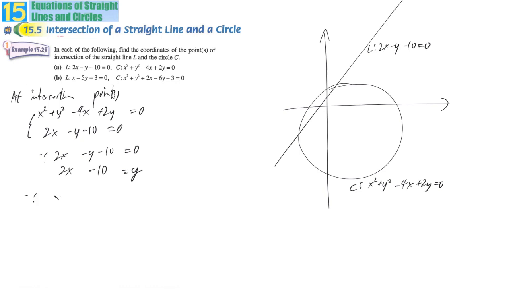Therefore, we consider the first equation, that means the circle equation again. We can't solve it because x and y, two types of unknowns, exist at the same time. Now we can rewrite y in terms of x, and y is expressed as 2x minus 10.